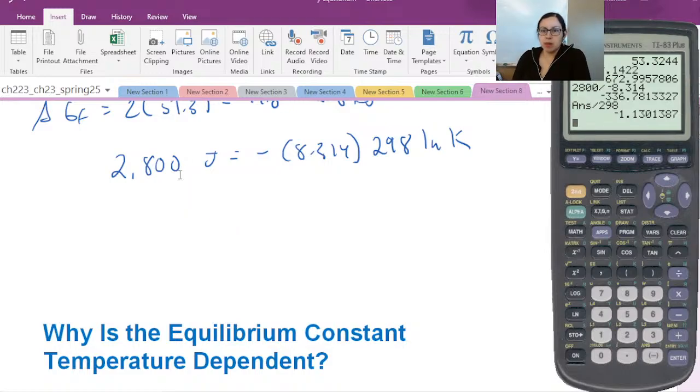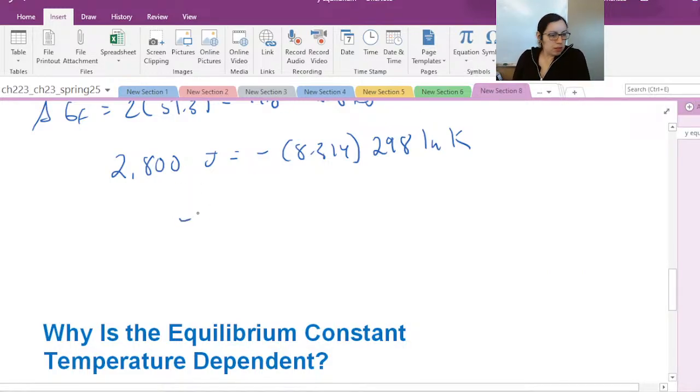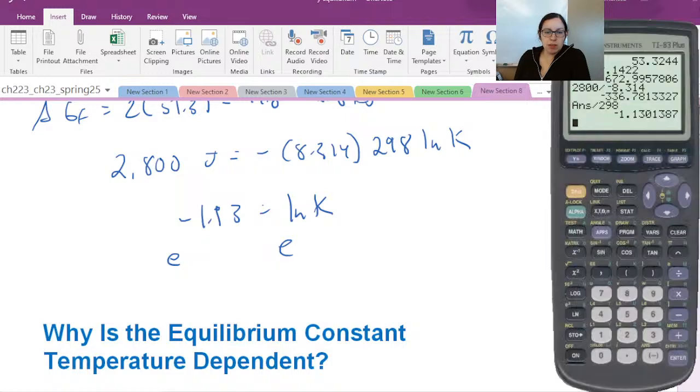Then I have something, so negative 1.13 is equal to ln K, and then just take e to the power to get rid of that. 0.99. I'm not sure, let me, because I get this number.